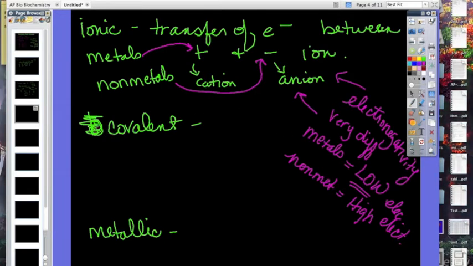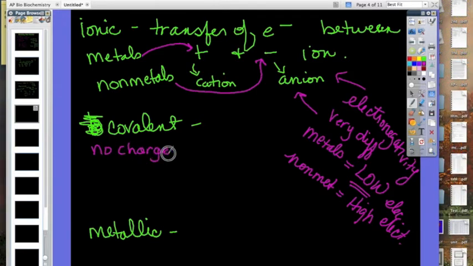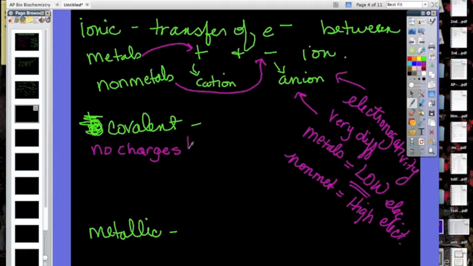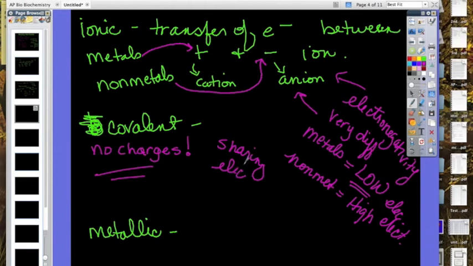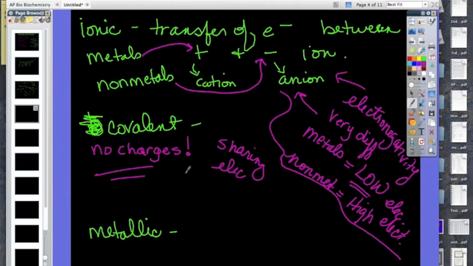Now for covalent bonds, there are no charges. So if you ever see a bond with a charge on it, it can't be covalent, it has to be ionic, because there are no charges in covalent bonds. Covalent bonds, we are sharing electrons. And they are between nonmetals.